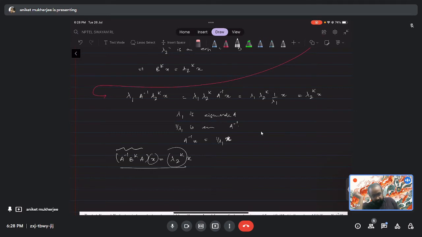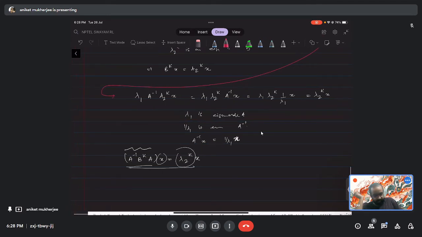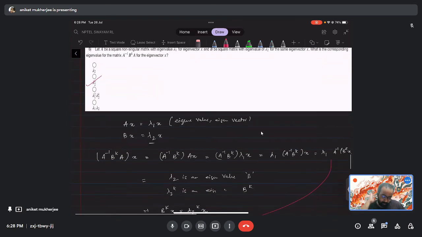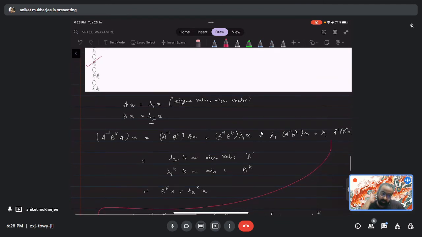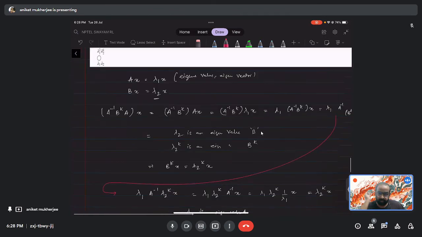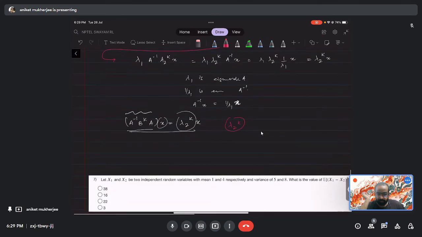So the eigenvalue for the matrix A inverse b power k A is lambda 2 power k. So the second option is the right option. So this is the sixth question. This problem also depends on the basic properties of linear algebra, eigenvalues and eigenvectors. I hope this is clear.